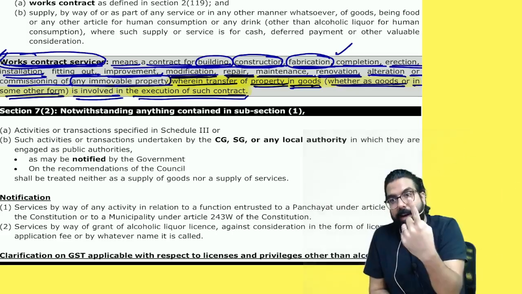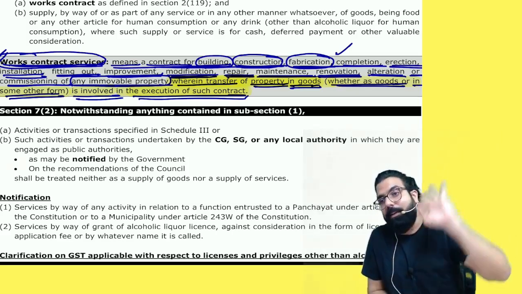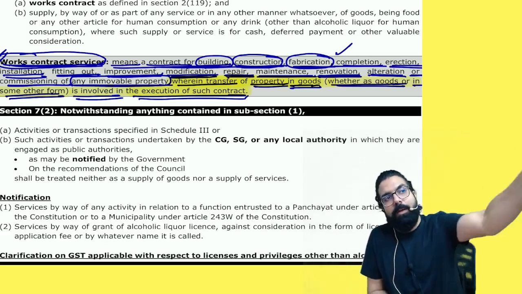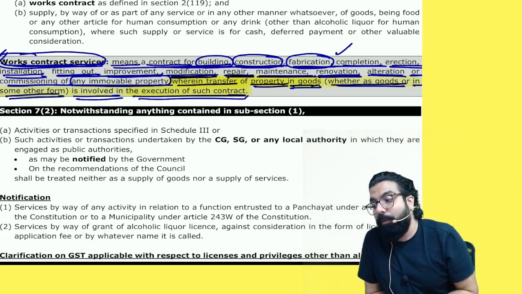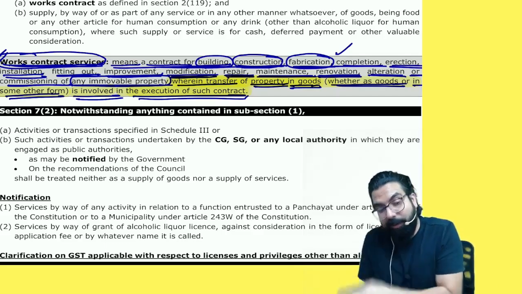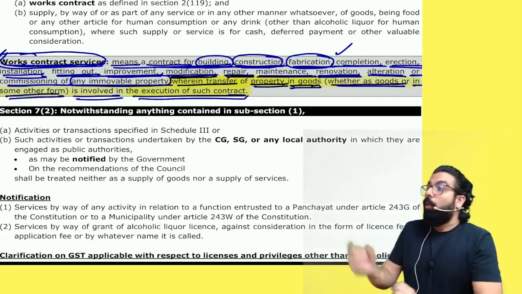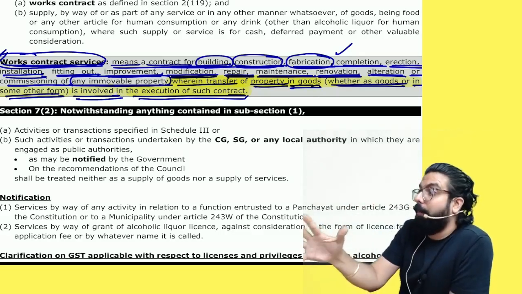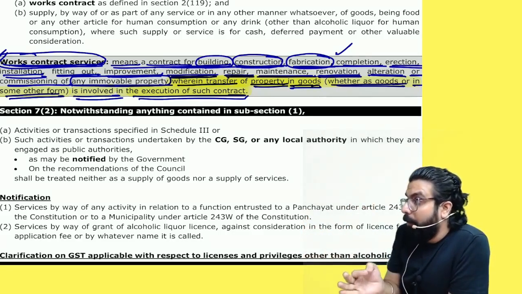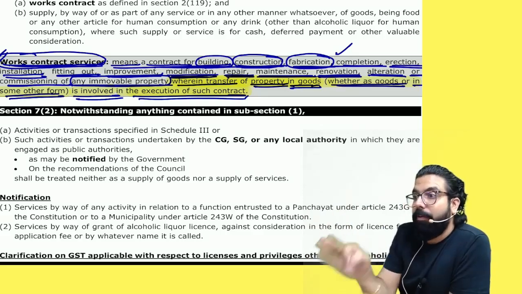He got the material, he got the labor, and did the fabrication. Supply of goods, supply of service, or works contract, which is a service. Whether he gave me material also, doesn't matter. What he has done for me will always be called a supply of service.